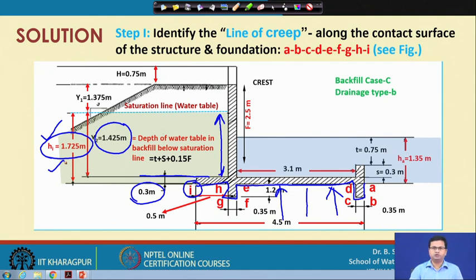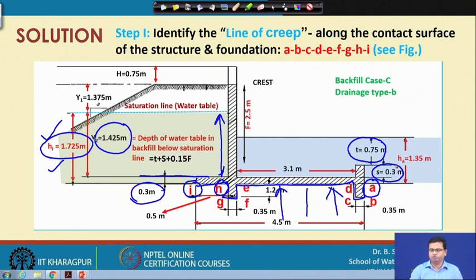Similarly, we have to estimate the water pressure above the points H, G, F, E, D, C, B and A. So, what will be the water height above point A? Here it will be equal to the tail water, that is 0.75, plus S, that is 0.3, plus my apron thickness, that is 0.3.